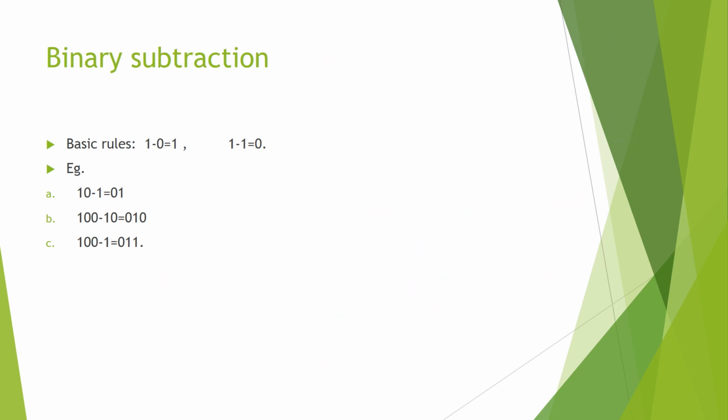Then when subtracting, you also need to know the basic rules, which state that 1 minus 0 is equal to 1, and 1 minus 1 is equal to 0. So we can take the first one, which is 1 0 1 0. Then we subtract 1.